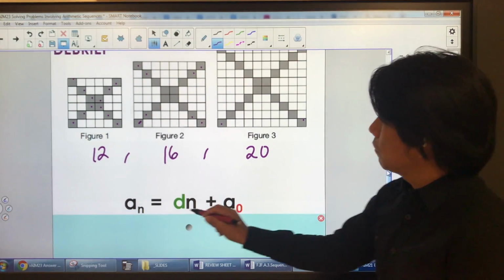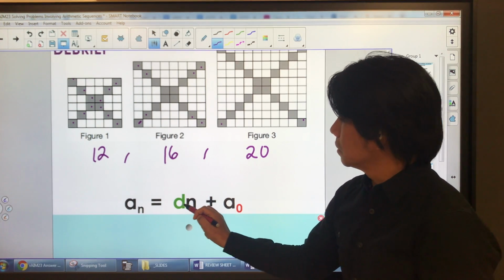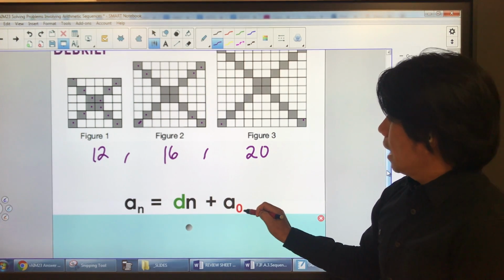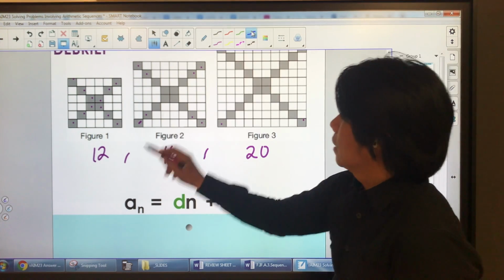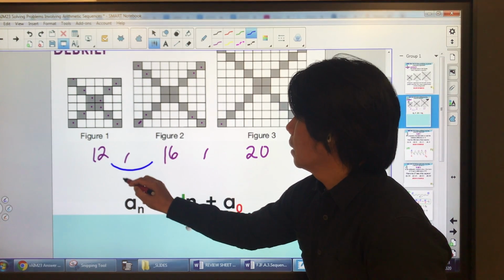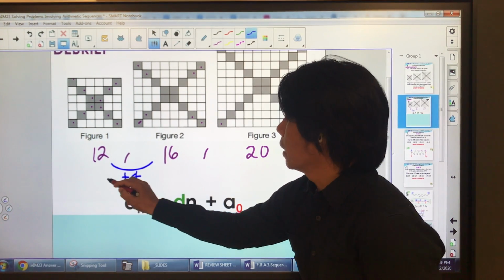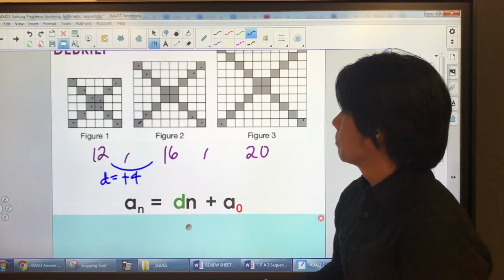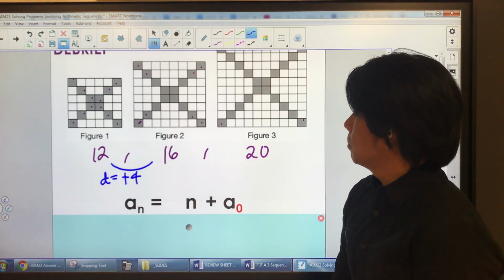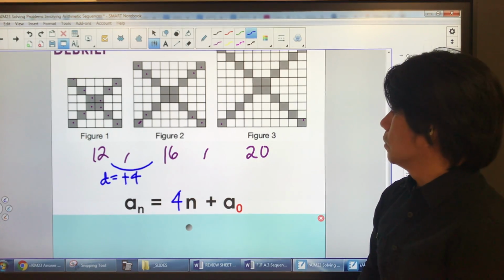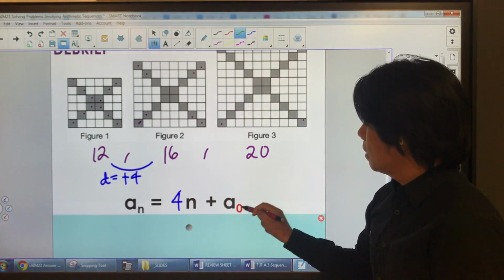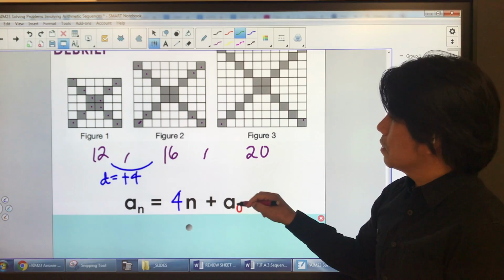So remember this formula, a sub n is equal to dn plus a sub 0. We know that they're increasing by positive 4 and that is your d. So that's 4. Now, how about a sub 0? This is your 0 term.